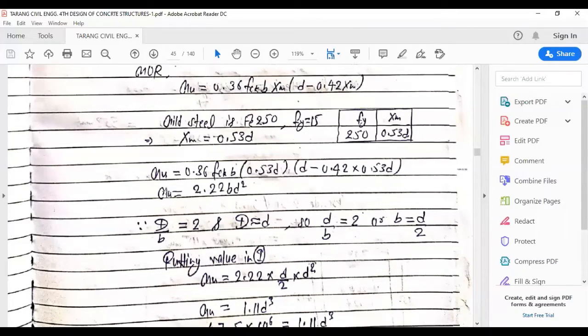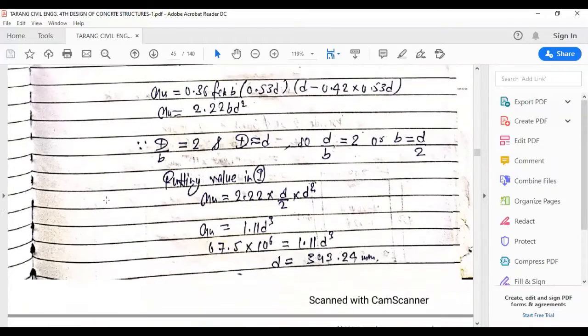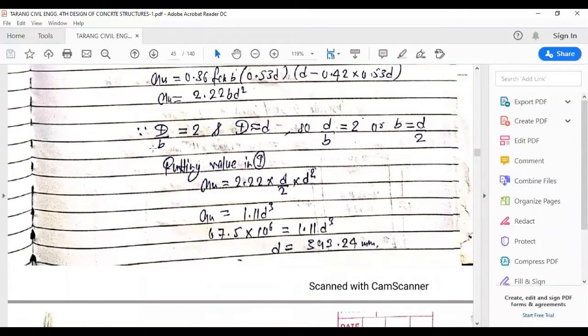And the ultimate moment comes out to be 2.22 PD square, as we assume small d upon small b is 2, and capital D is almost equal to effective depth if we neglect the cover, which is very small in dimension, say up to 30, 35, 40 mm only.